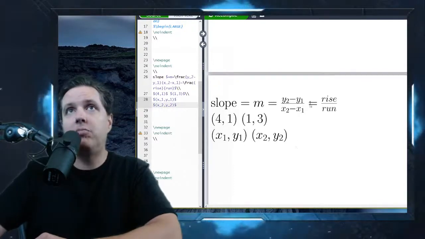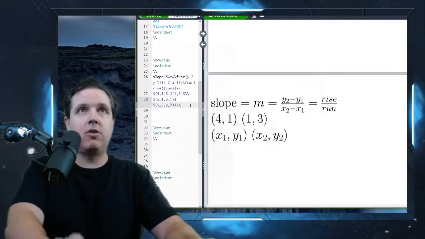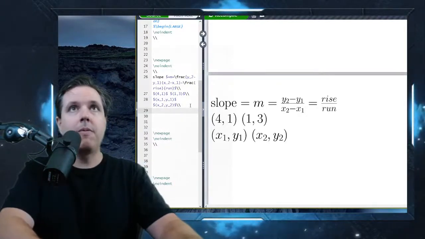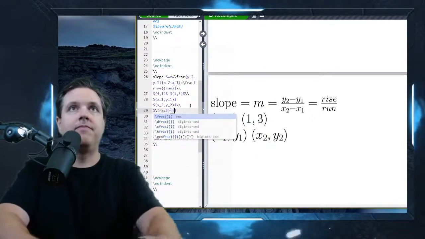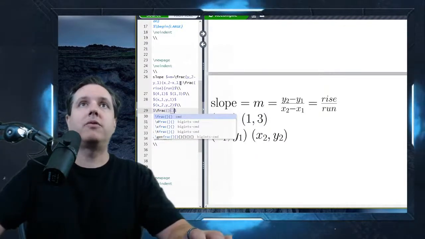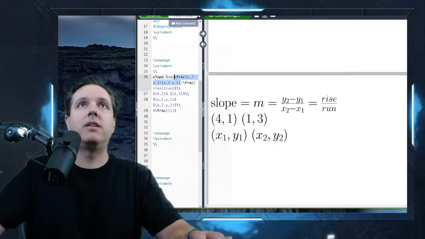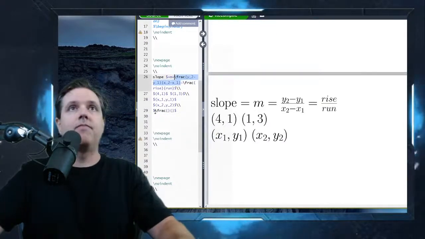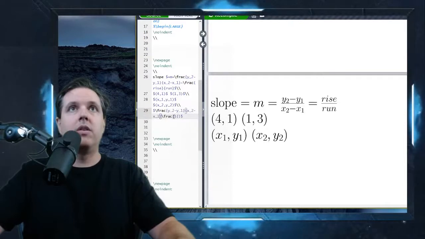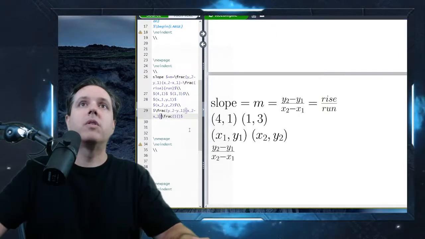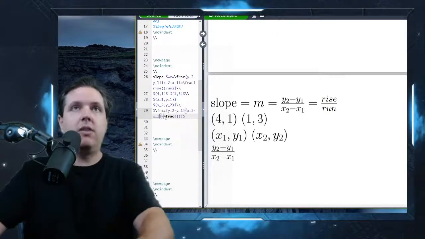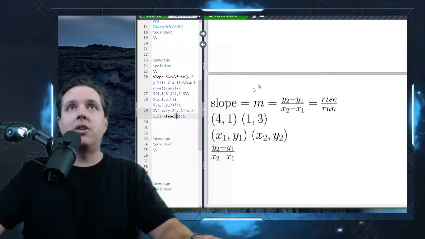So now all we do is plug them into this formula. In fact, let's copy this so everyone can see what I did. Equal sign, and now I'm going to plug things in.